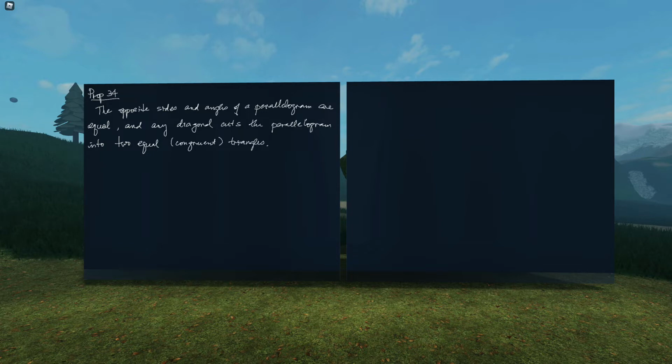Okay, so let me draw the diagram here. The assumption is that we have a quadrilateral like this, and the opposite sides are parallel, right? I'm going to label it A, B, C, D. And the claim here is that the opposite sides and angles are equal.